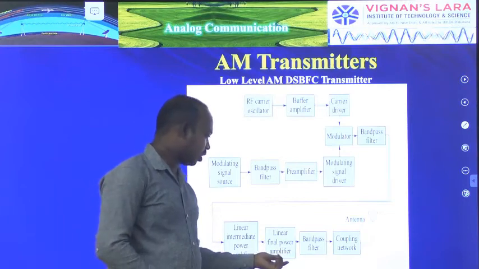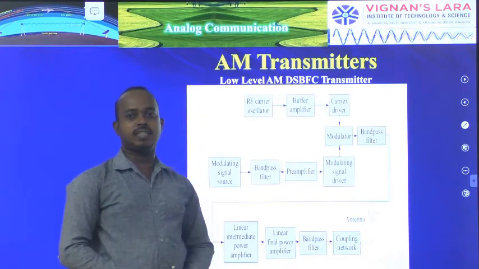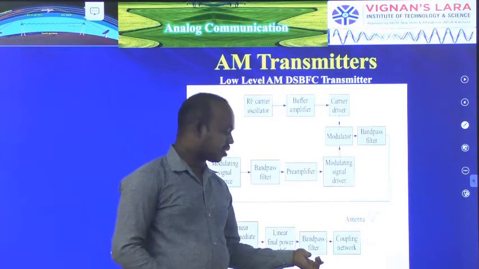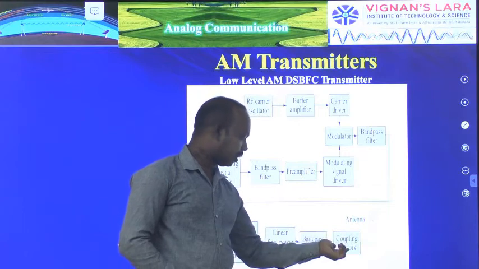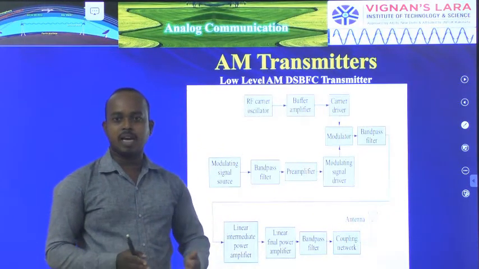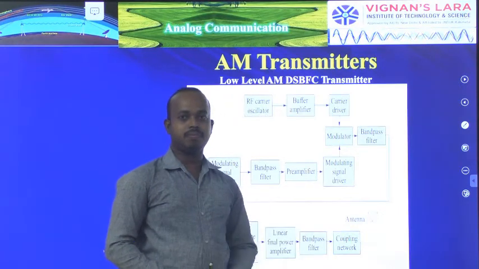This signal is assigned to the band pass filter. Once again you limit the signal based on our device. Then you assign it to the coupling network. The coupling network provides proper matching between the band pass filter and the antenna.